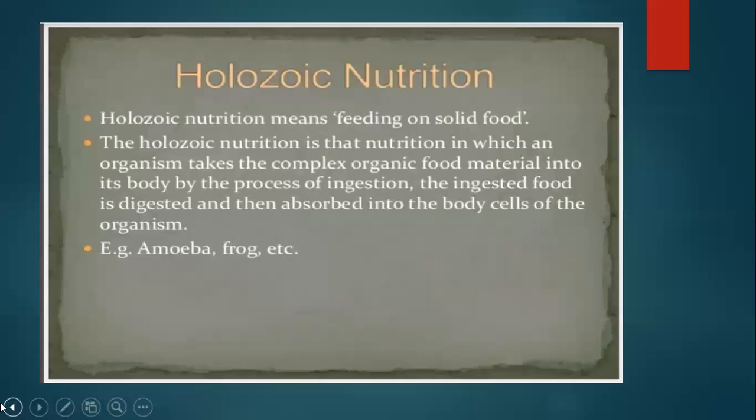So the actual definition of holozoic nutrition is the nutrition in which an organism takes complex organic food materials into its body by the process of ingestion. The ingested food is digested and then absorbed into the body cells of the organism.